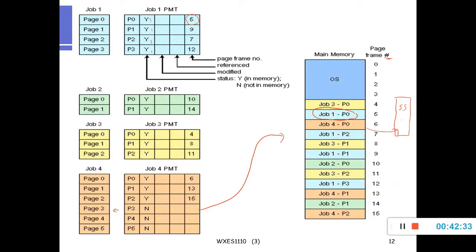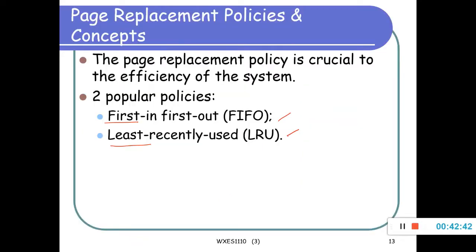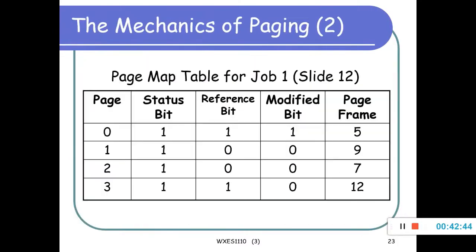So job 1, page 0 is at frame 5, then frame 9, frame 7, and frame 12. The status bits, because all of these are in memory, are active, 1. Reference bit, only 1 and 3.